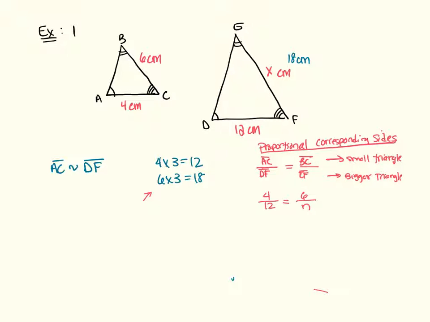Here you would do 4 times n and then 12 times 6. 4n equals 72. Divide by 4, n equals 18. So again, we still get 18. It just takes a little longer, but we need to know that process for future measurements that we can't do easily in our heads.